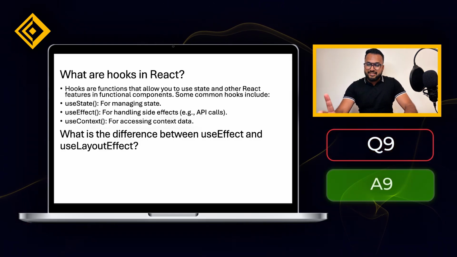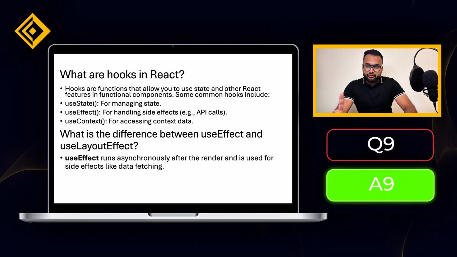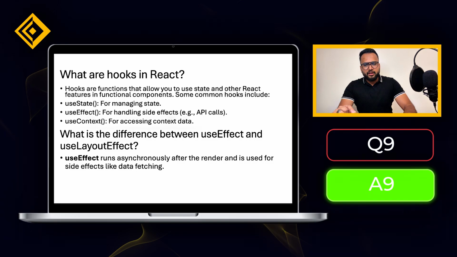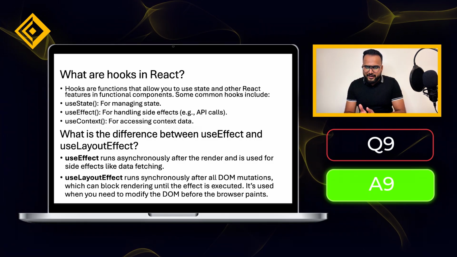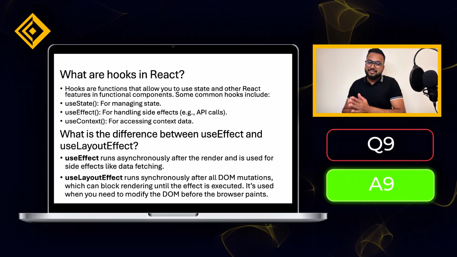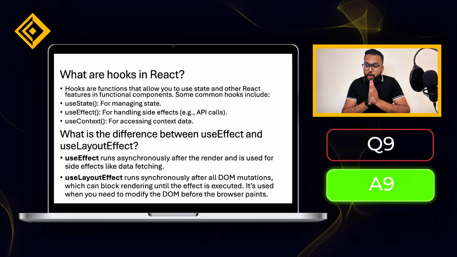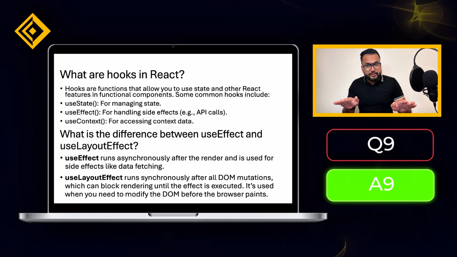So useEffect runs asynchronously after the render and is used for calling APIs or data fetching. But on the other end, useLayoutEffect runs synchronously after all DOM mutations, which can block rendering until the effect is executed.